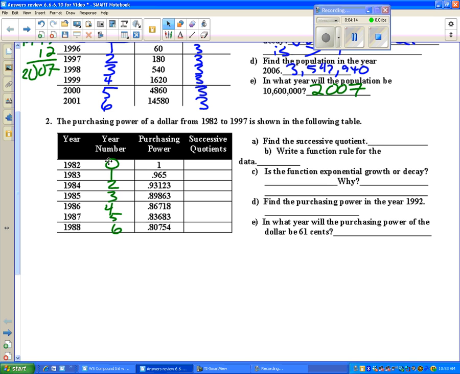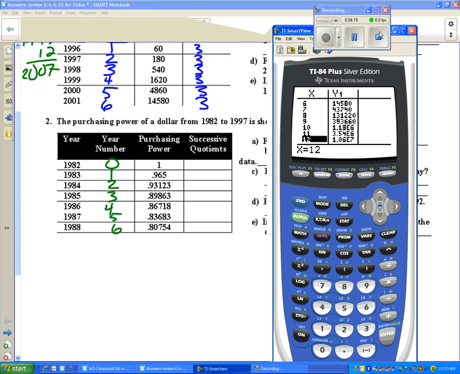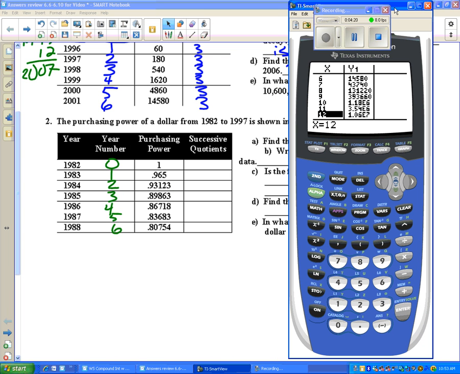So again, I bring up my calculator. And again, I want to divide this out. I like to start at the bottom, 0.80754 divided by 0.83683.